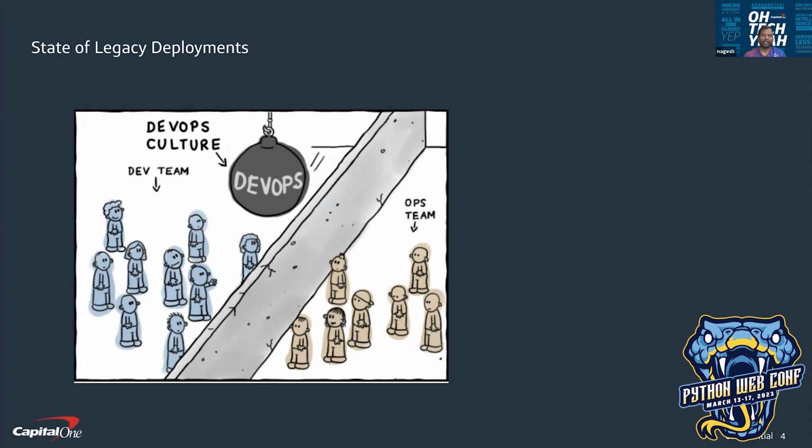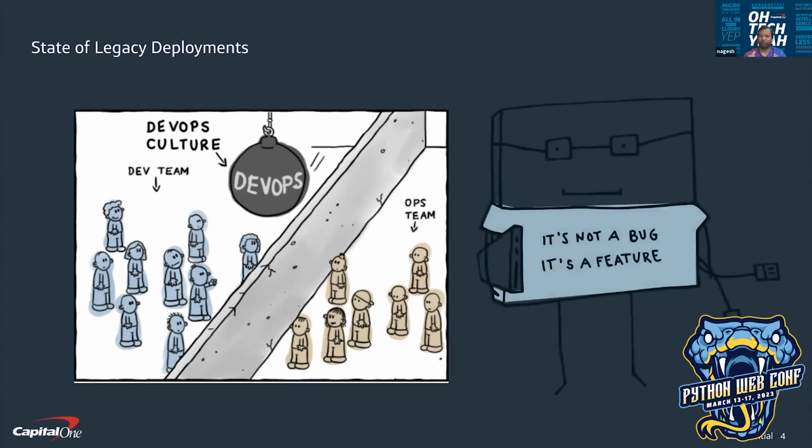A developer says that it's a feature, and a testing engineer or DevOps engineer treats that as a bug. It also further delayed delivering quality software to our customers, and it was operationally high cost to maintain both teams.